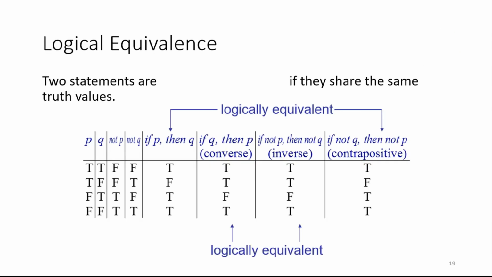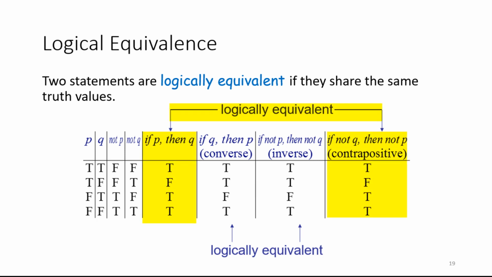Logical equivalence. Two statements are logically equivalent if they share the same truth values. Let's observe the truth tables and the values for the implication, the converse, the inverse, and the contrapositive. Let's note the conditional and the contrapositive are logically equivalent.